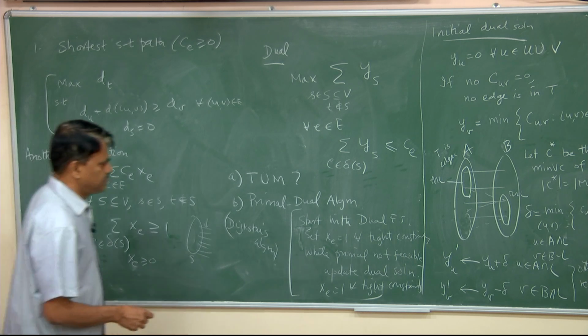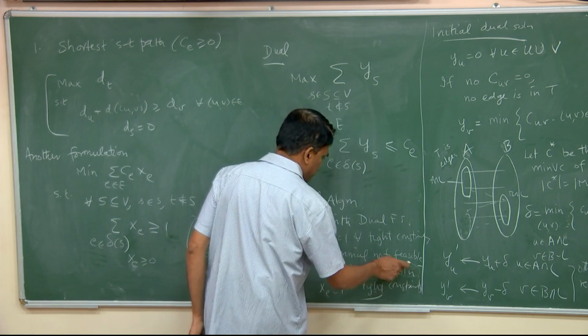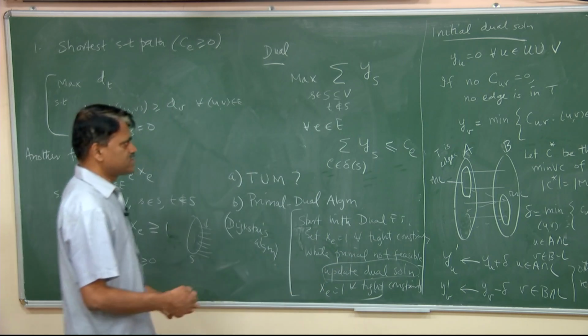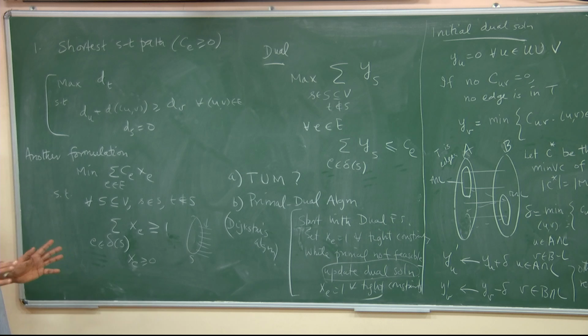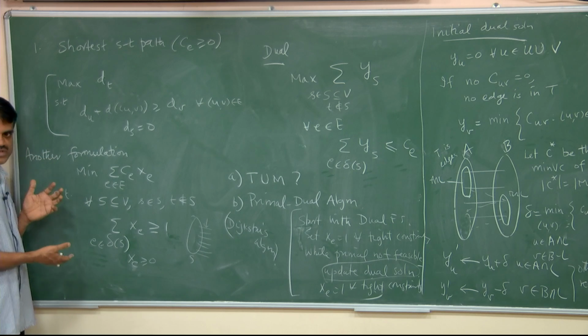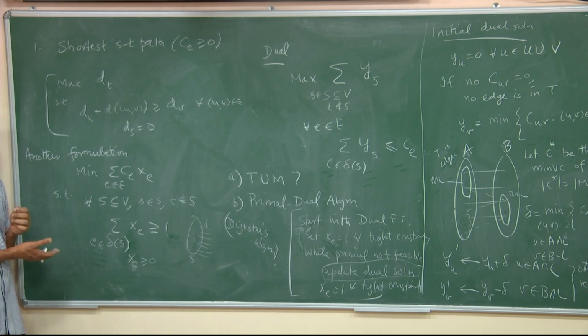So the thing you need to figure out is how to update the dual solution so that the dual remains feasible. That's the only thing. What room do I have when I know that primal is not feasible? That's going to help you figure that out. That's exactly what happened in our matching. We said the primal is not a maximum matching, perfect matching, so it gave us some room, a delta to update the y values.